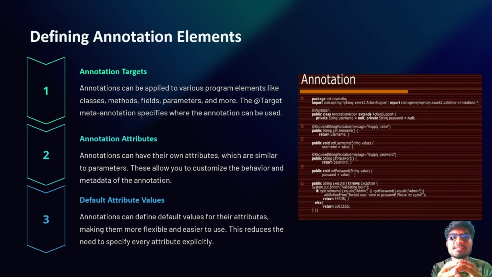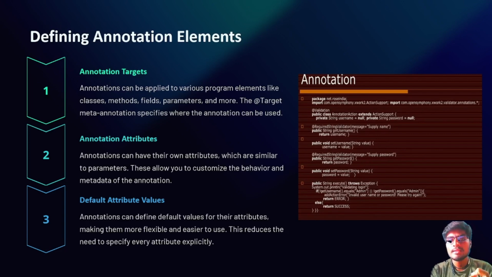Defining annotation elements. Annotation target: annotations can be applied to various program elements like classes, methods, fields, parameters and more. The @Target meta-annotation specifies where the annotation can be used. Annotation attributes: annotations can have their own attributes, which are similar to parameters, and these allow you to customize the behavior and metadata of the annotation.